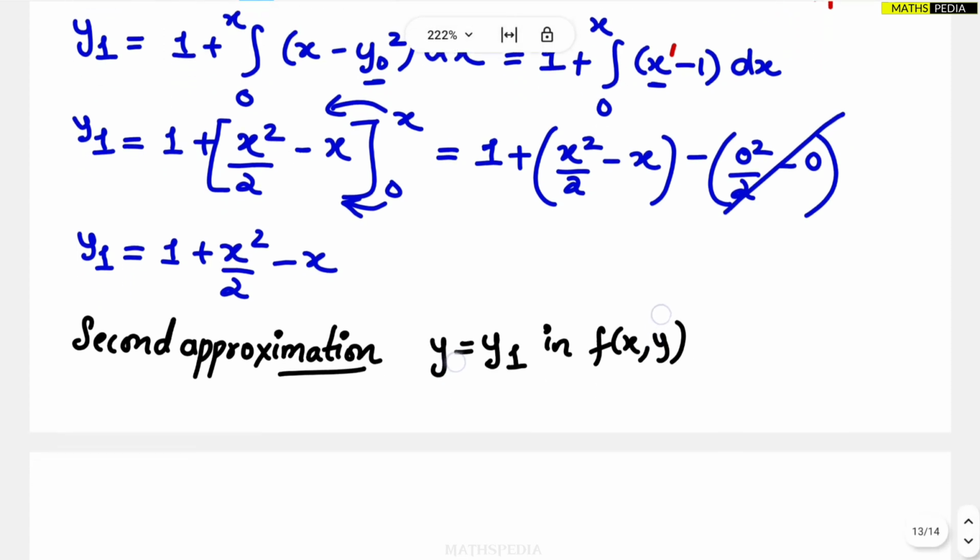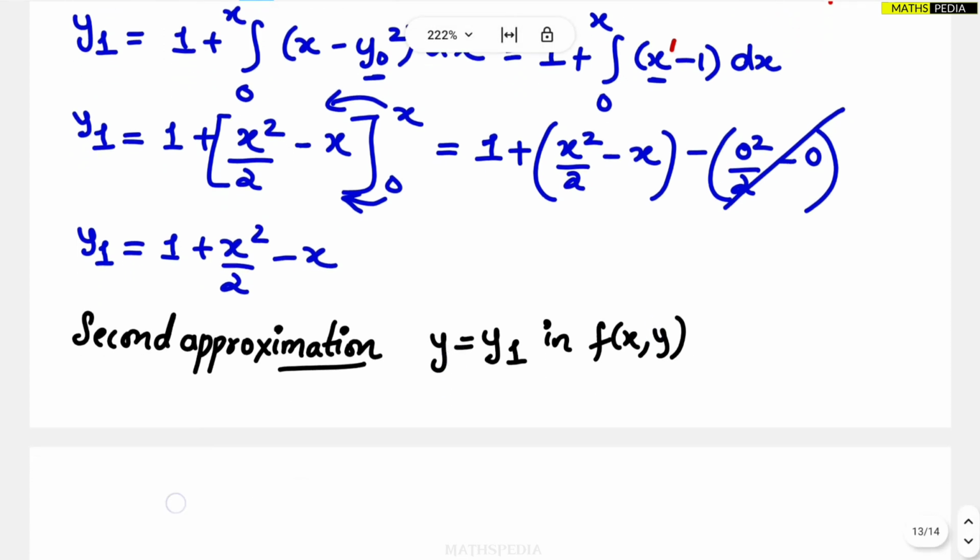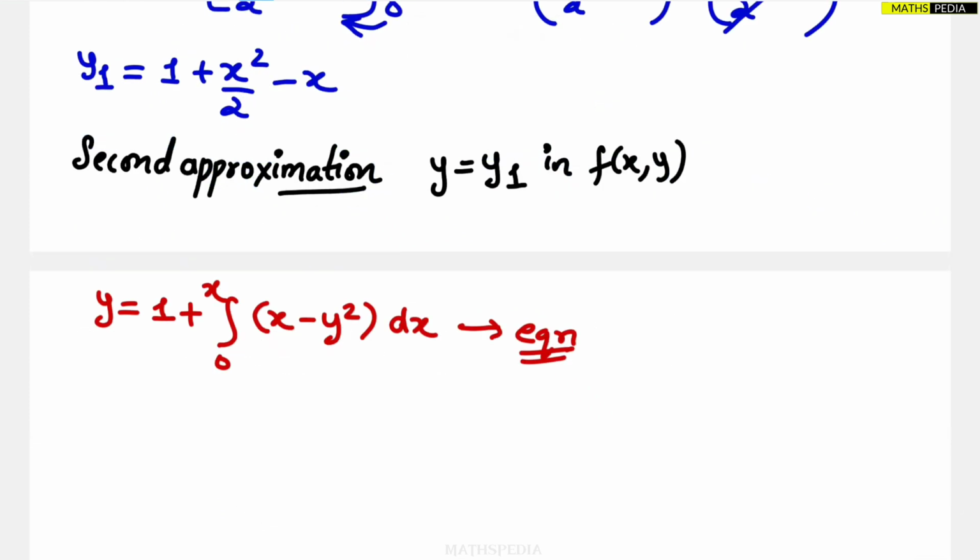So the equation again, if you see, I'll just copy paste your equation. The y value becomes y2, because this is the second approximation. 1 plus integration of 0 to x, now x minus y will become y1.